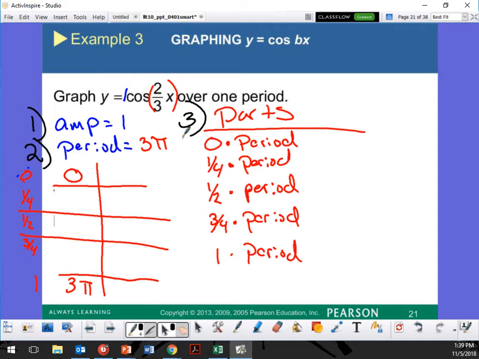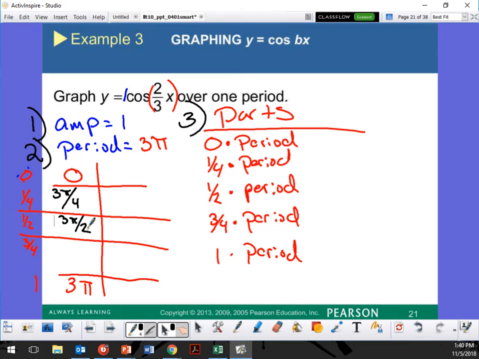Okay. All right, so let's go ahead and find those parts. So what is 1/4 times the period? 3 pi over 4. What is 1/2 times the period? 3 pi over 2.